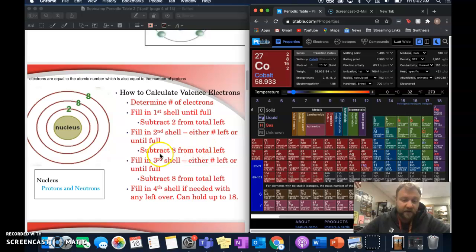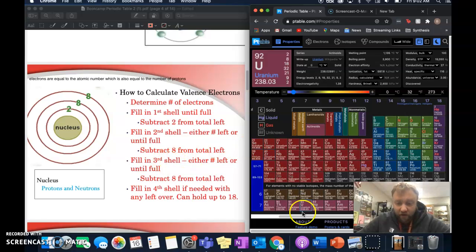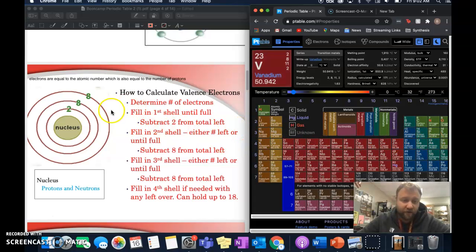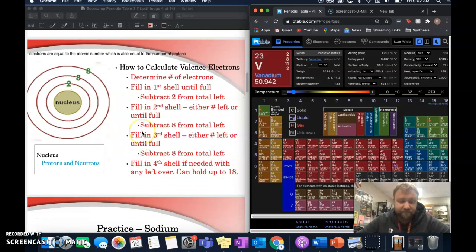And then lastly, we'll get to our third shell. If you look at period 3, or energy level 3, we have 8 total elements. Likewise, we have 8 total electrons that can fill this shell.